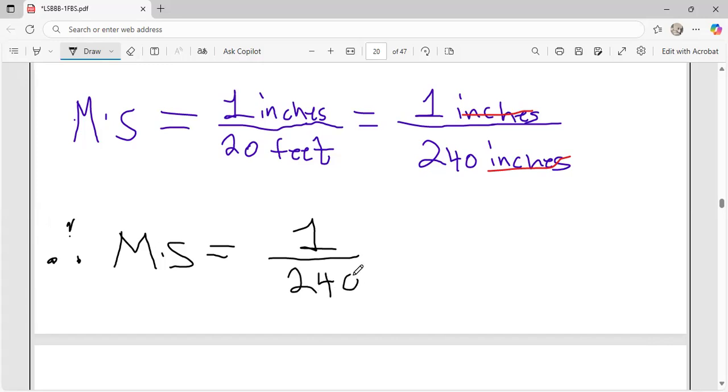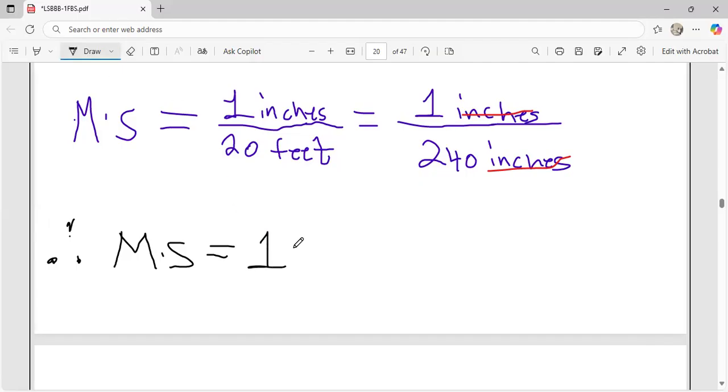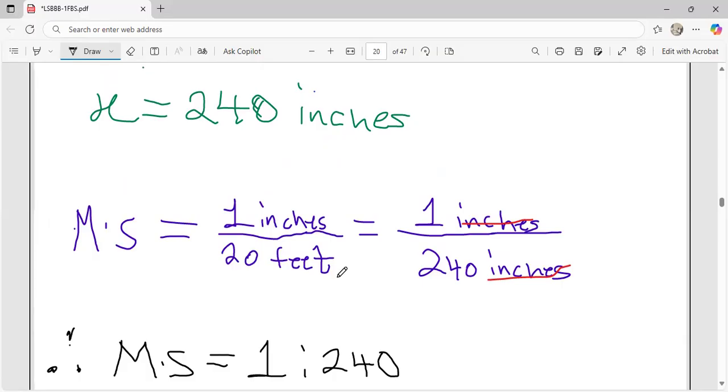But because the question said that we should leave the answer in the form of a ratio, we don't have to leave it in the form of a fraction. So we say that 1 is to 240. So you have to leave your answer in the form of a ratio, since the question said that you should leave your answer in the form of a ratio.